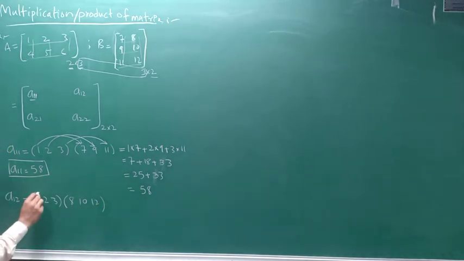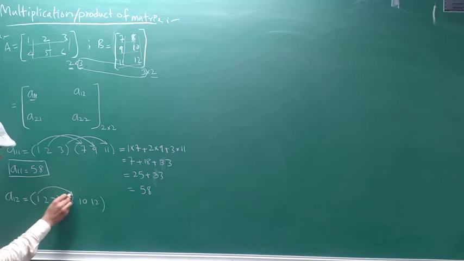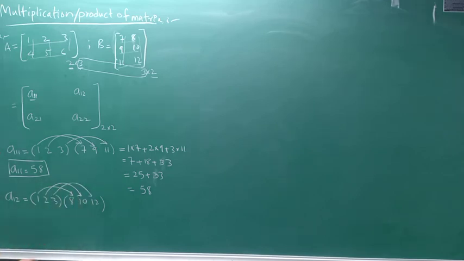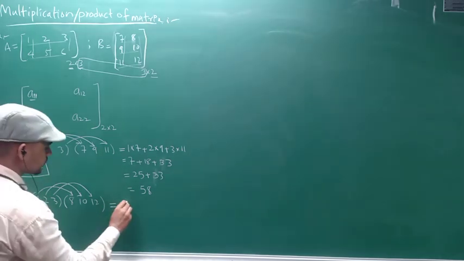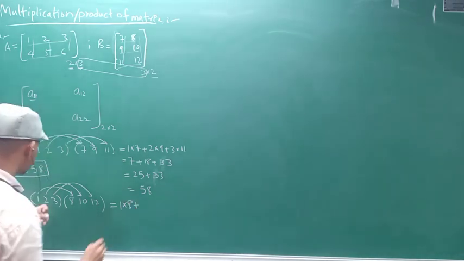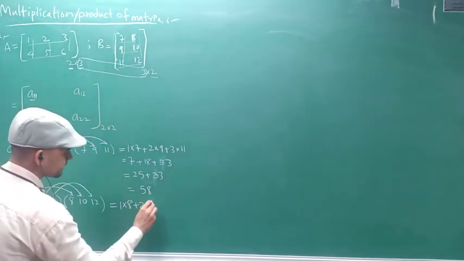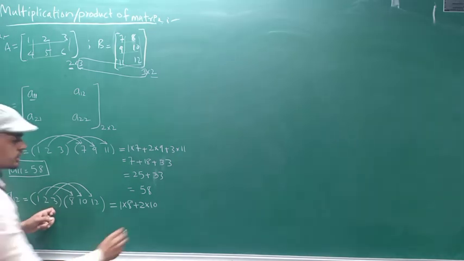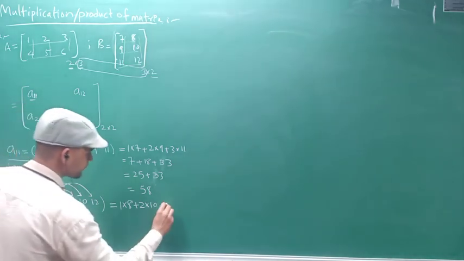I will multiply 1 to 8, then I will multiply this, and this. Let's multiply 1 into 8, plus 2 into 10, and 3 into 12.